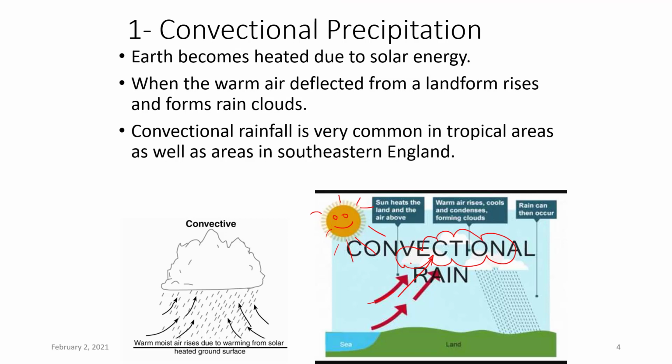Convectional rainfall is very common in tropical areas as well as areas in southeastern England.